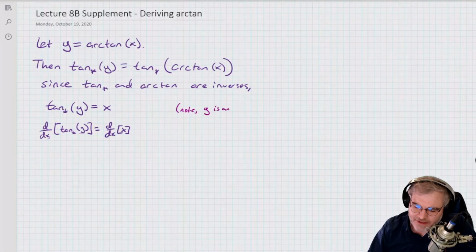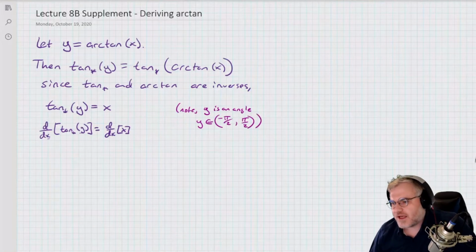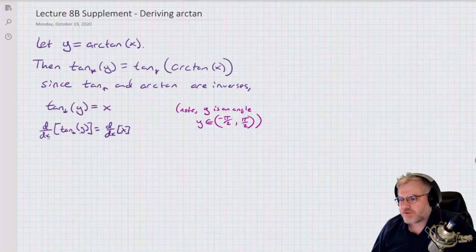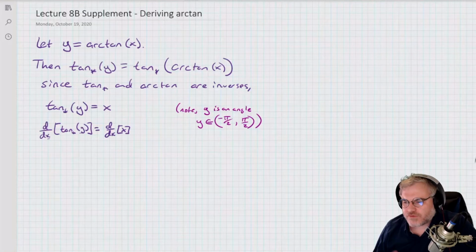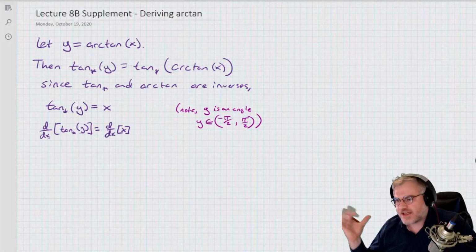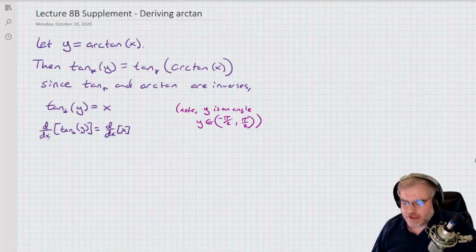And y is between negative pi over 2 and pi over 2, not including the endpoints, because that's the domain of tan star. That's also the target or the range. Those two words don't mean the same thing, but that is the range of arctan.